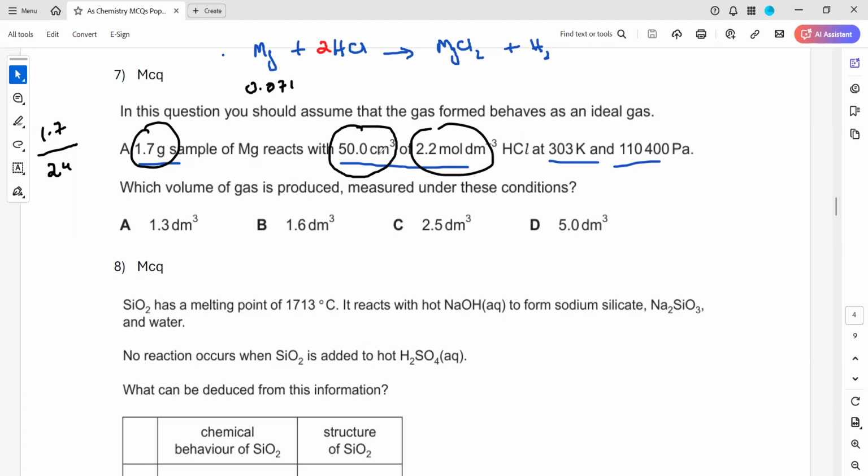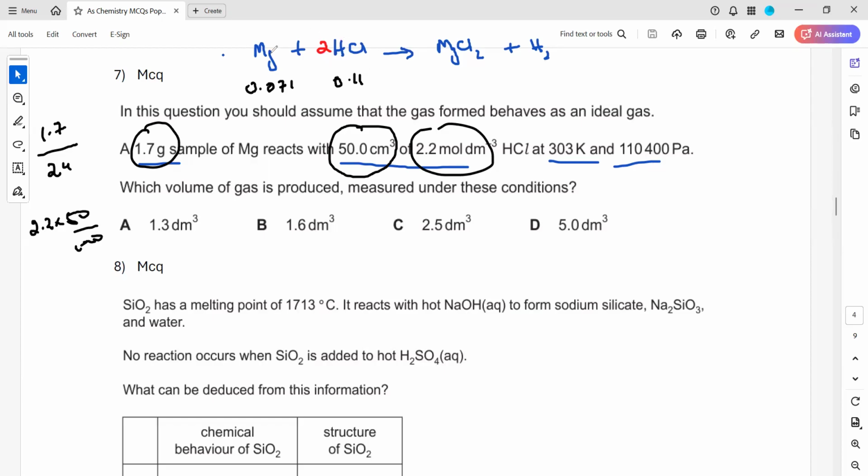To know the moles, we multiply the concentration with the volume. The concentration is 2.2, the volume is 50 divided by 1000, because it is in cm³ and we convert it into dm³. So we got 0.11.